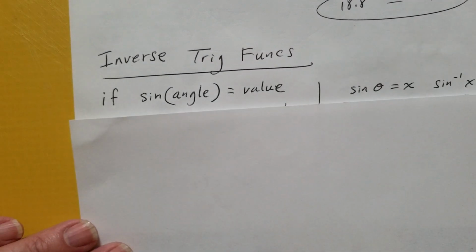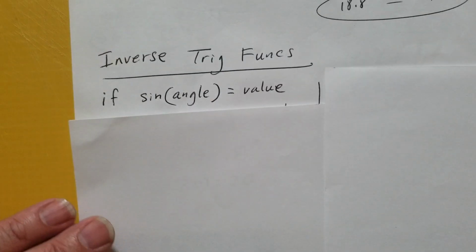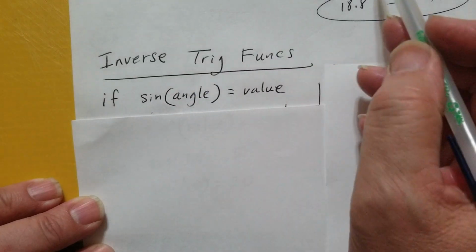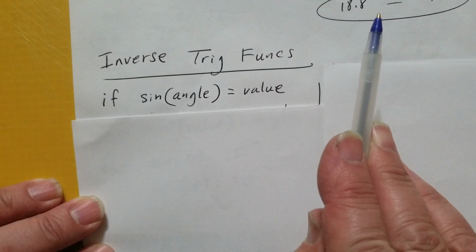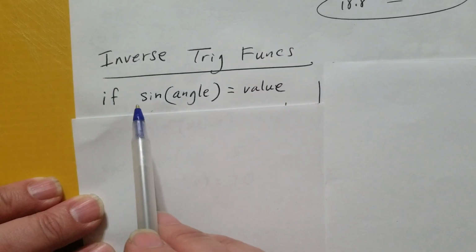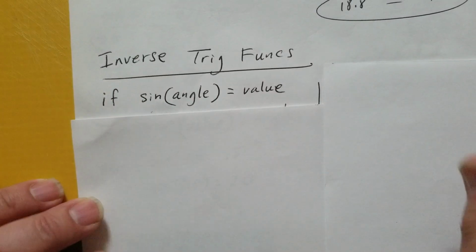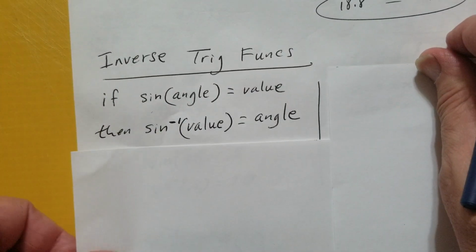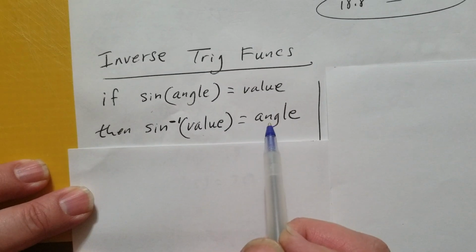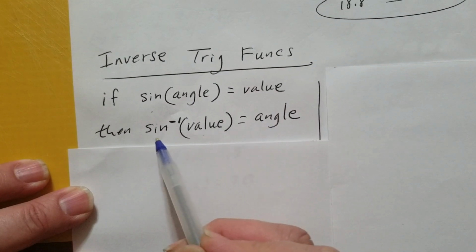So think of it this way. If sine of some angle, like this one over here, sine 53, is equal to a value, well, we can do it backwards. The inverse of the value is equal to the angle. Inverse sine.